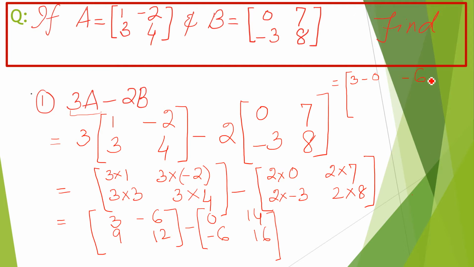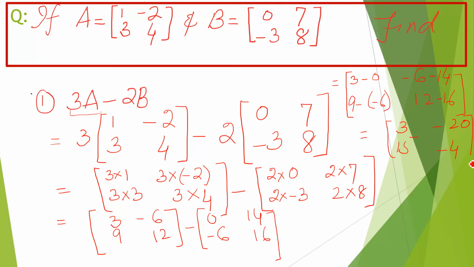Here is minus 6 minus 14, and 9 minus, and there is already another minus sign, 12 minus 16. So it will be 3 minus 0, 3. This is 15. This is minus 20. And this will be minus 4.